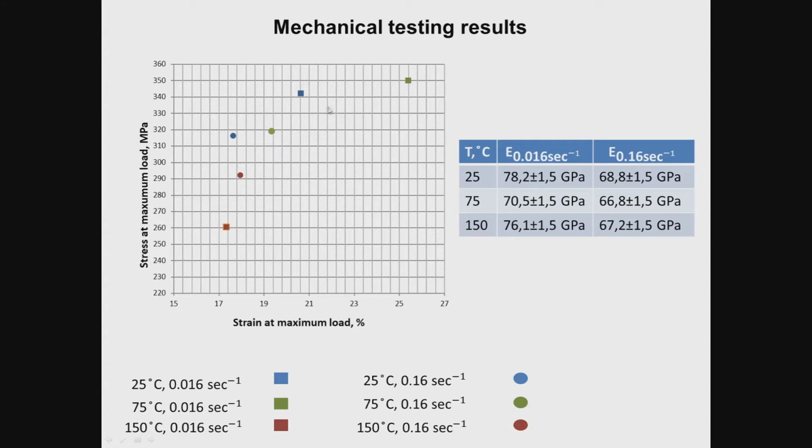But when the temperature goes to 150, the maximum stresses decrease by 10% and 26% for 0.16 and 0.016 seconds to the minus first degree strain rate.